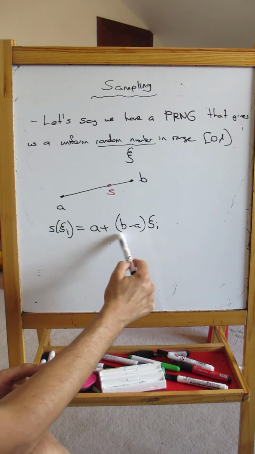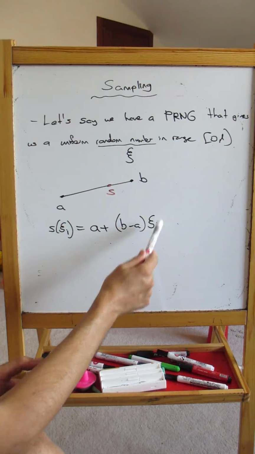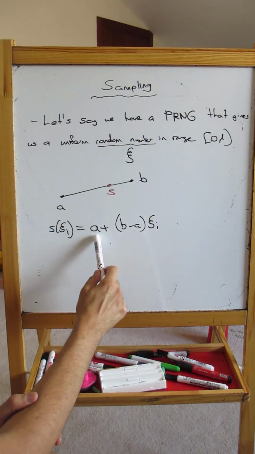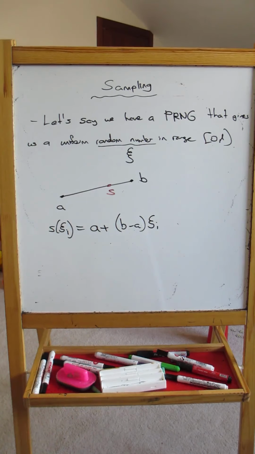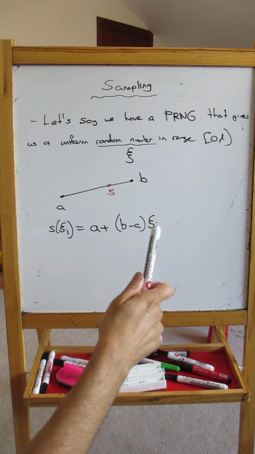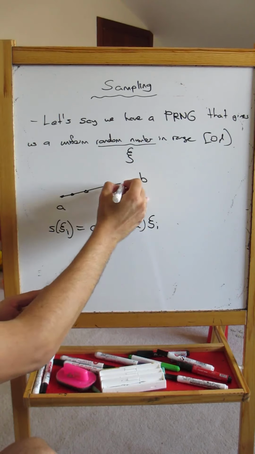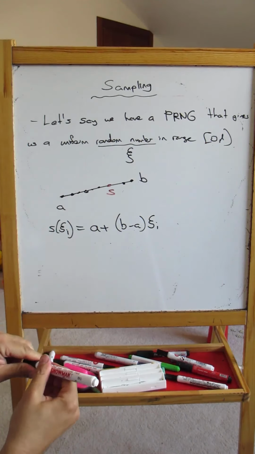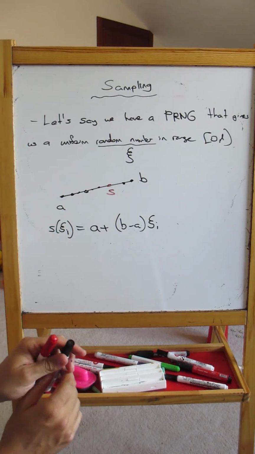This term will be 0, so I'm going to be at A. If chi is 1, it's not going to be exactly 1, but let's say it's almost 1. Then this is going to be A plus B minus A, so this will cancel out and we will have reached B. So for any other value, you will be getting samples randomly. Here, here, here, and so on. Now, this is easy, right? We can easily sample along a line.